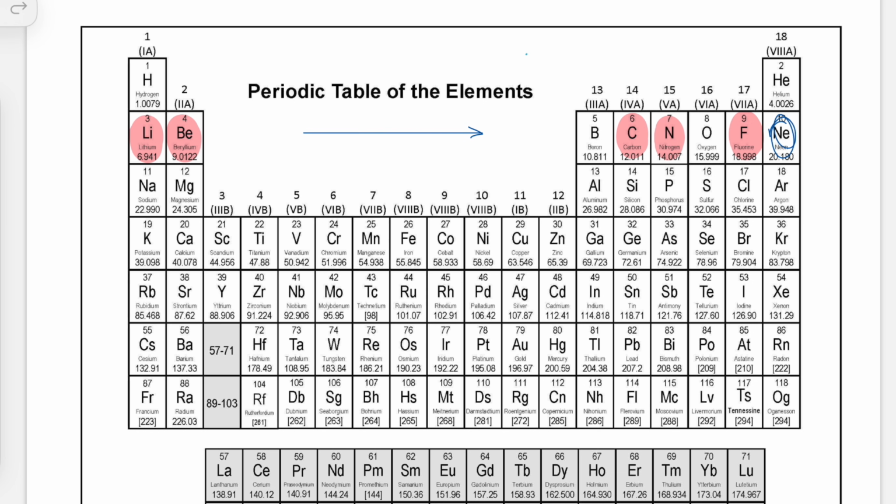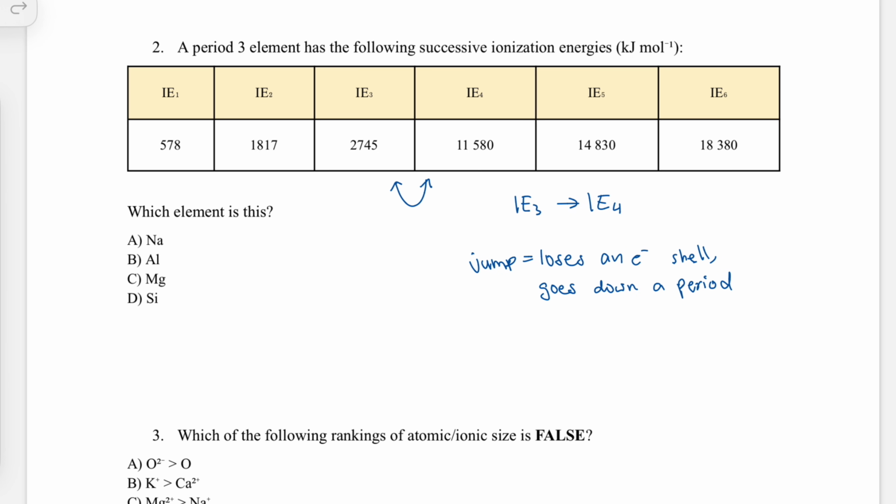So the fourth electron that it loses is neon. That means we count backwards: 1, 2, 3, 4, and we land on aluminum. So therefore, our answer is aluminum.